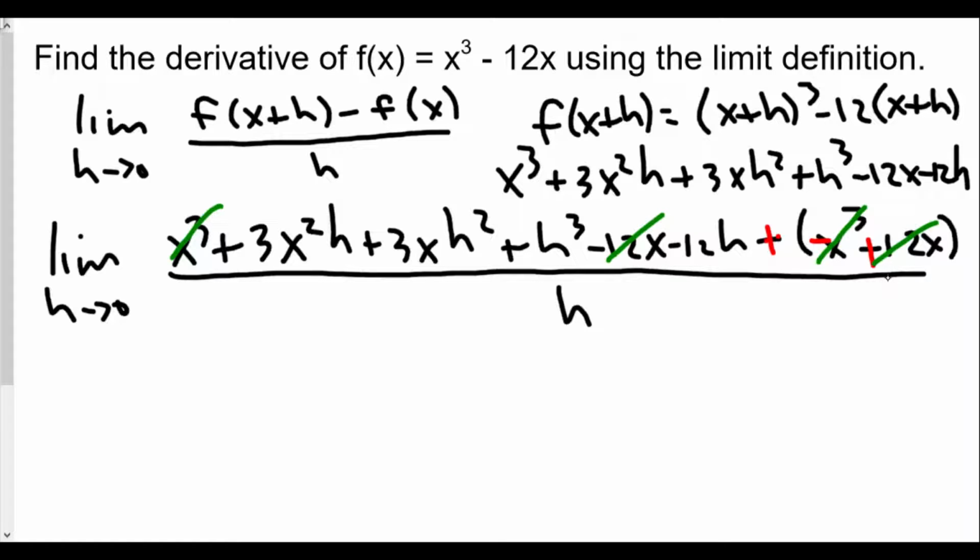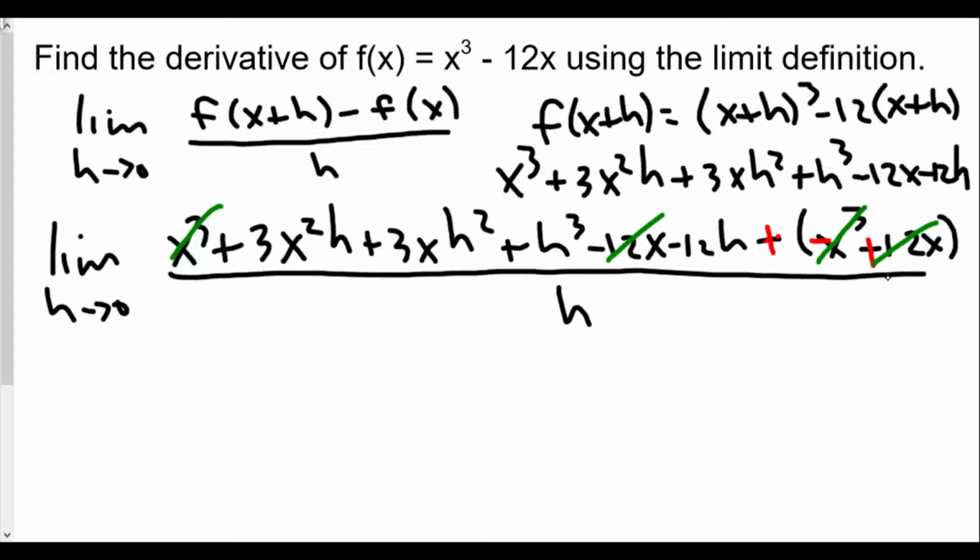One of the things about this f of x plus h minus f of x over h method, with the limit as h approaches 0, is that it will always knock out anything with x. All the x terms without h's will always cancel out somewhere along the way.